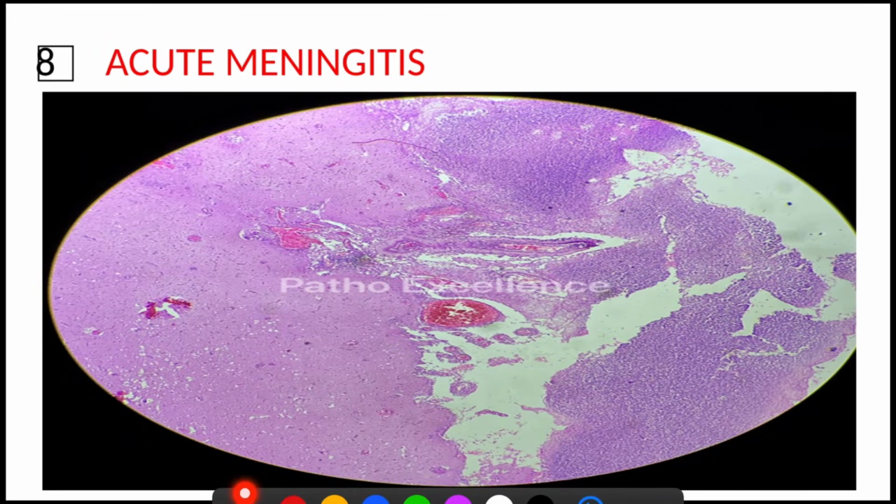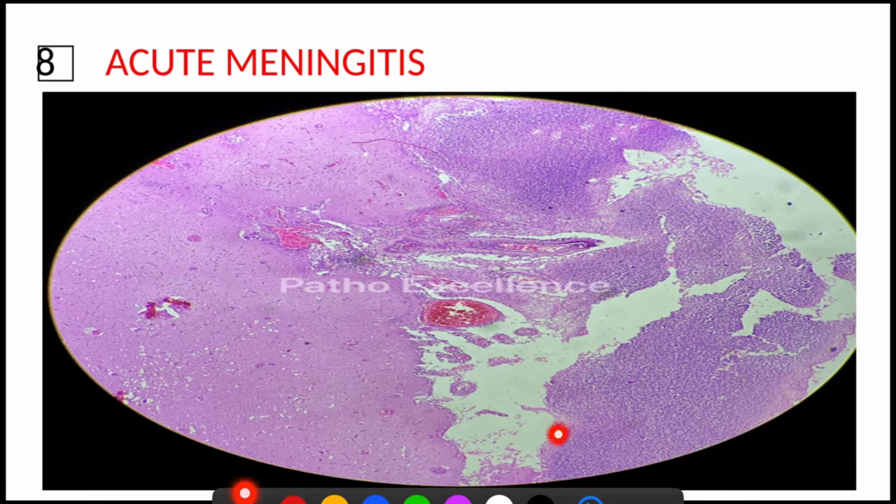As the name suggests, the meninges are inflamed due to some acute infection. In pyogenic or acute meningitis, in the section you use the scanner view to identify brain parenchyma. Here you can identify the brain parenchyma, and this space is called the subarachnoid space.